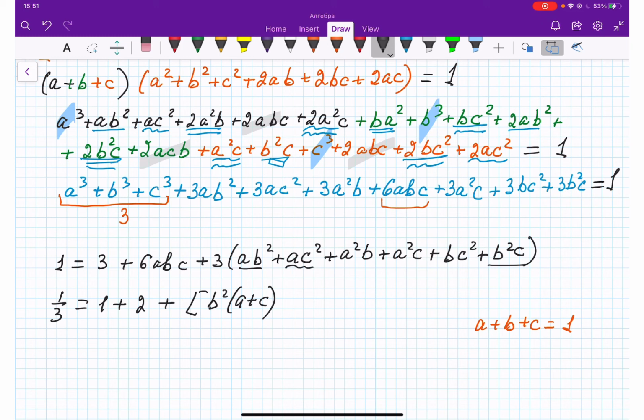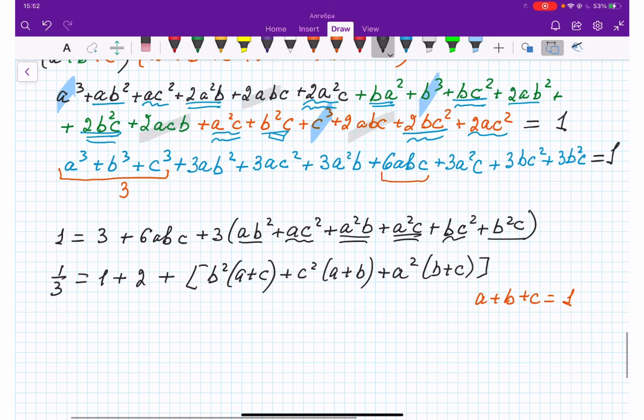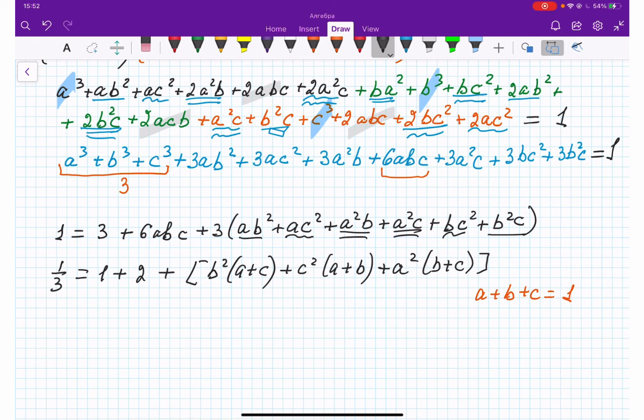Next, ac squared, where else c squared? Here, plus c squared, taking out a plus b. Where else is a squared? Okay, and this one I'm getting a squared times b plus c. Yes? So from here, what is going to happen? First of all, this one I'm moving to the other side, right? And I'm getting negative 2/3 equal.